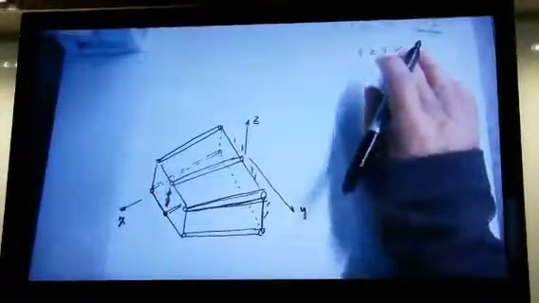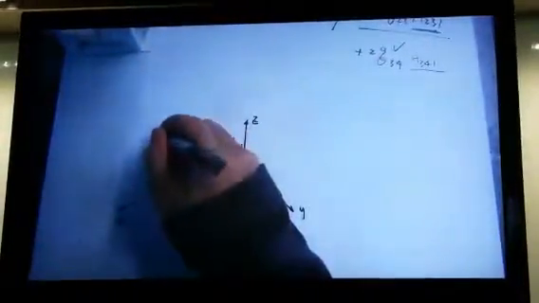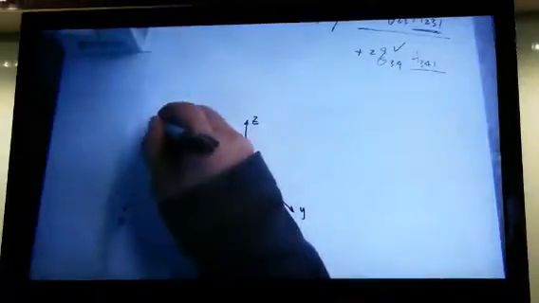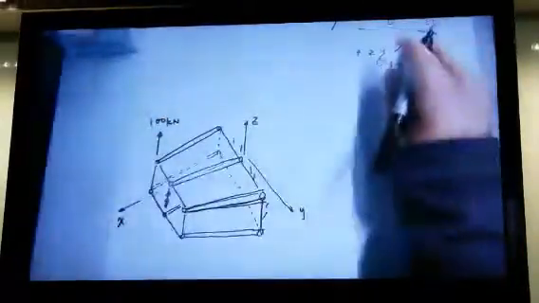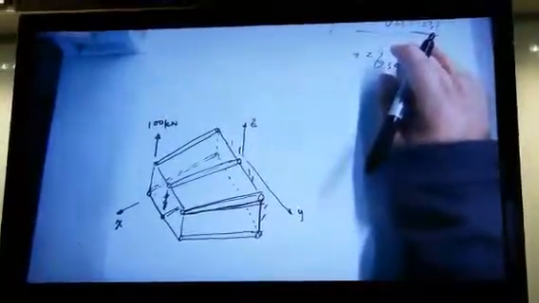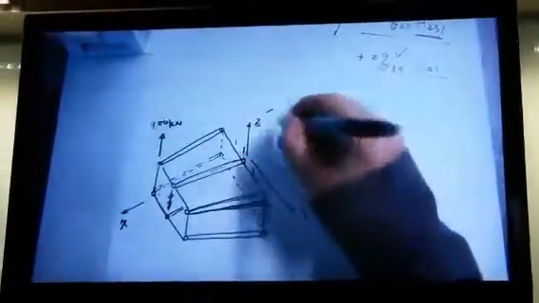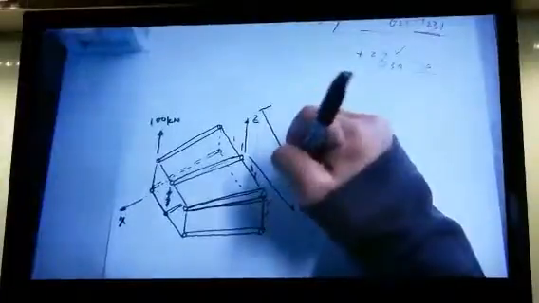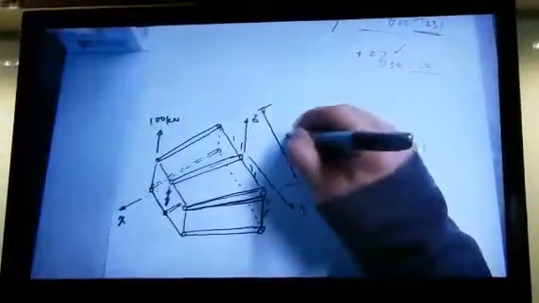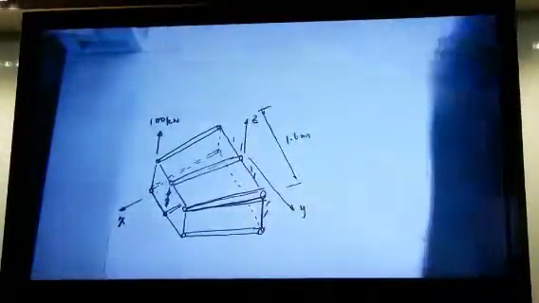Okay? And loading is like this. Here you apply a 100 kilonewton point force on one of the stiffeners. And this end is fixed. The length from here to here is 1.6 meter.